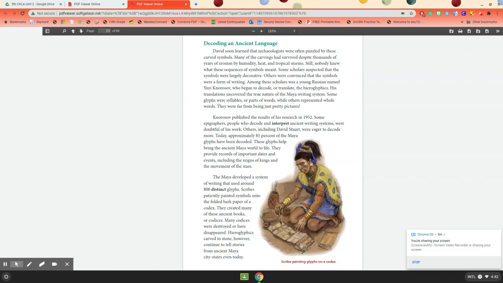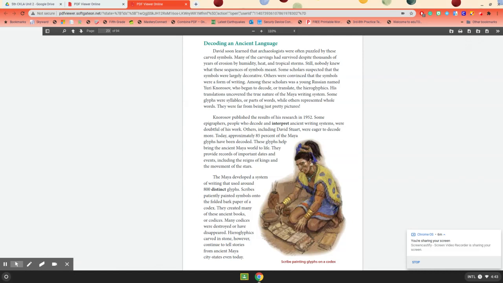Scribes patiently painted symbols into folded bark paper of a codex. They created many of these ancient books, or codices. Many codices were destroyed or have disappeared. Hieroglyphics carved in stone, however, continue to tell the story from ancient Maya cities even today.